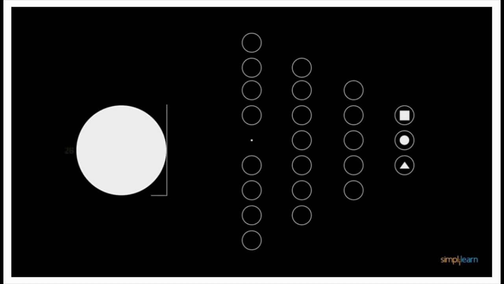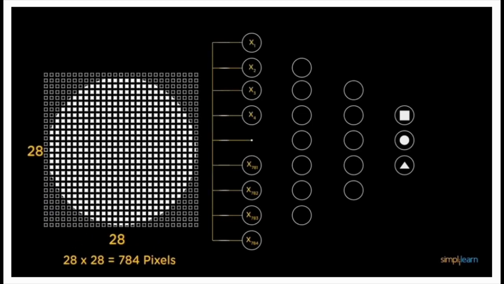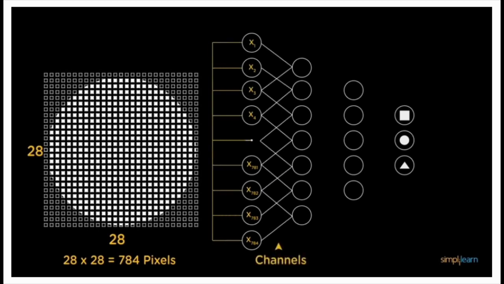This image is composed of 28 by 28 pixels, which make up 784 pixels. Each pixel is fed as input to each neuron of the first layer. Neurons of one layer are connected to neurons of the next layer through channels. Each of these channels is assigned a numerical value known as weight. The inputs are multiplied by the corresponding weights, and their sum is sent as input to the neurons in the hidden layer.